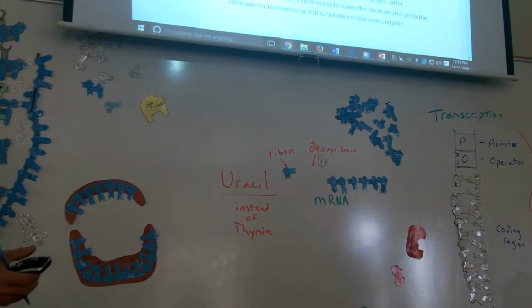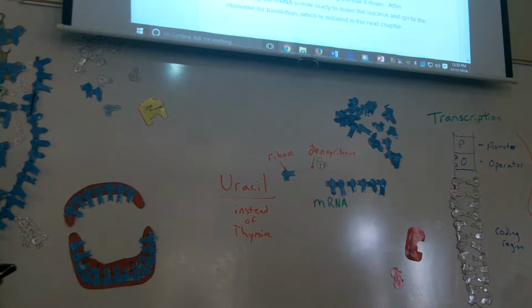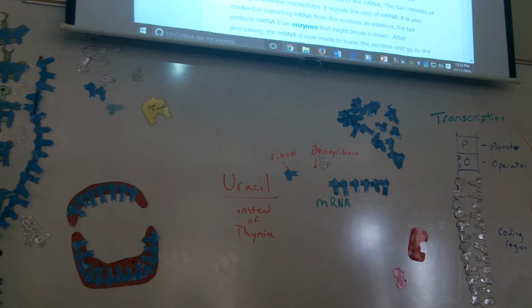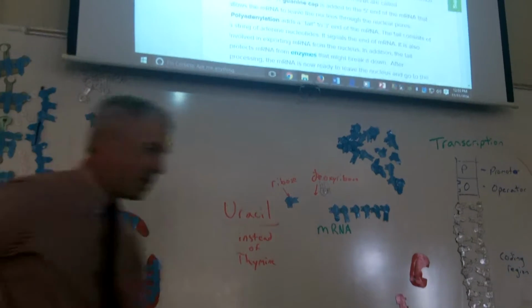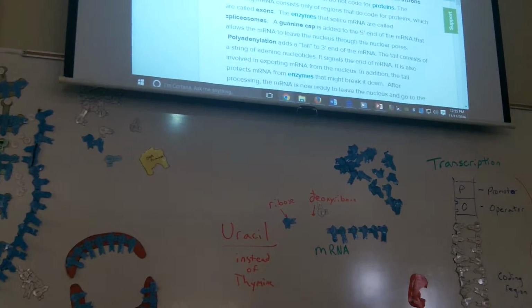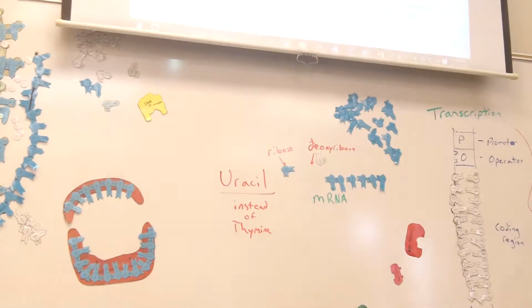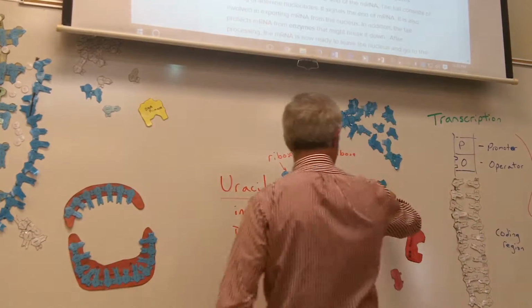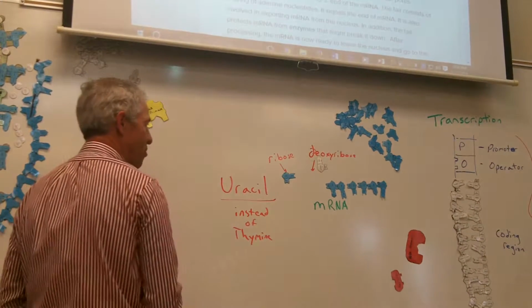There's one more thing we have to talk about before lunch, and that's what we call mRNA processing. Let me get the light on for that so I can tell you what that is. This mRNA here isn't really ready to go to the ribosome yet.